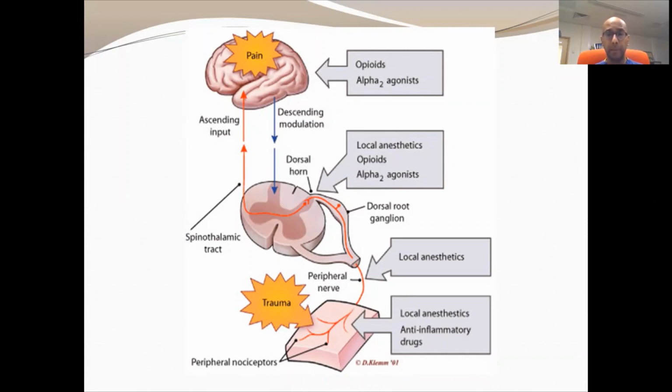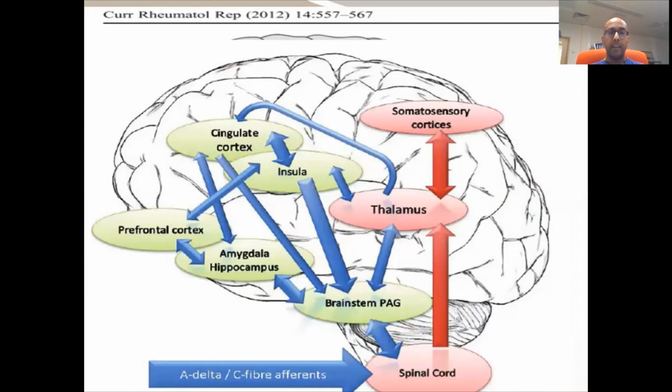And this is a very simplistic diagram of where potentially different agents might act either on the ascending pathway which transmits pain to the brain, or the descending modulative or descending inhibitory pathway which stops pain. And these are some of the mechanisms that we try to engage with within a pharmacological approach to managing pain.